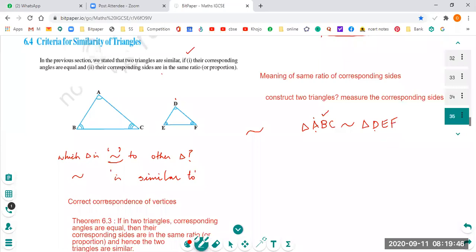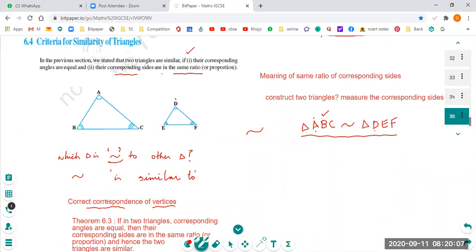Well, this is correct. Now, you see the other criteria, that their corresponding sides are in the same ratio. When the vertices are written in the correct correspondence, then it is very easy to prove this.